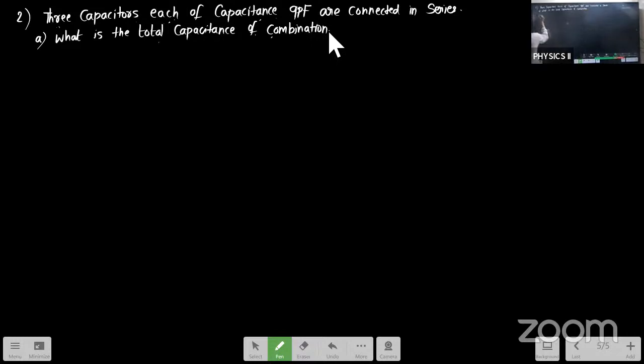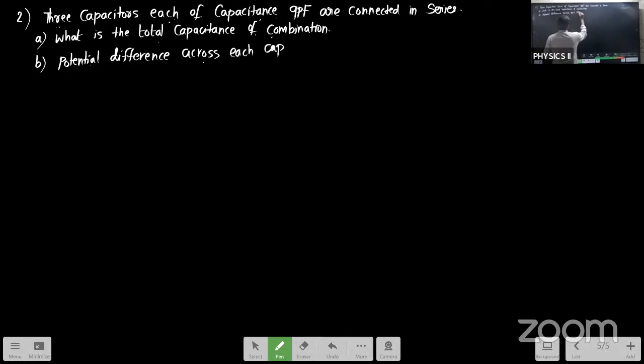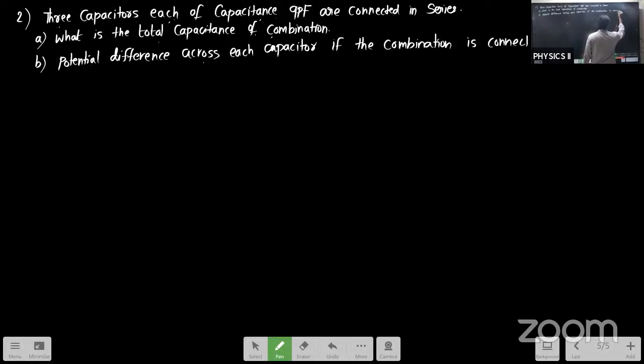What is the next question he is asking? He is asking you to determine the potential difference across each capacitor if the combination is connected to a 120 volt supply.